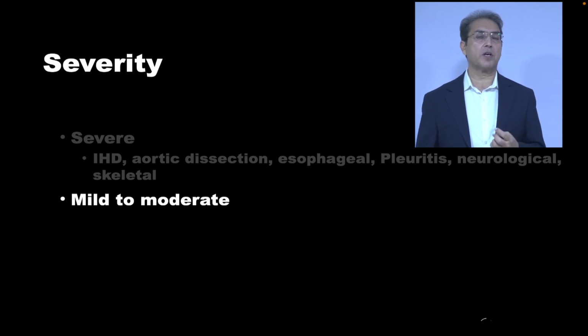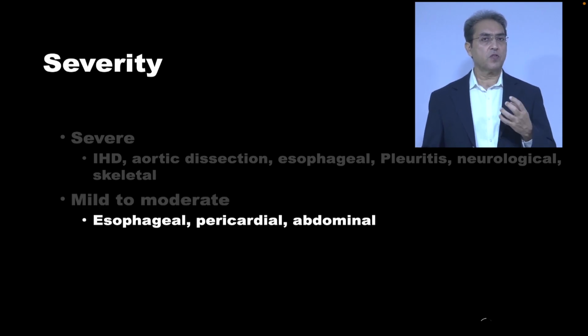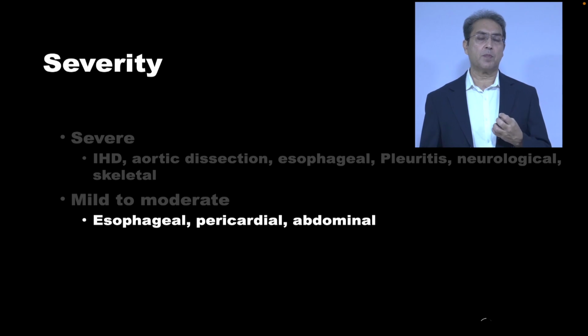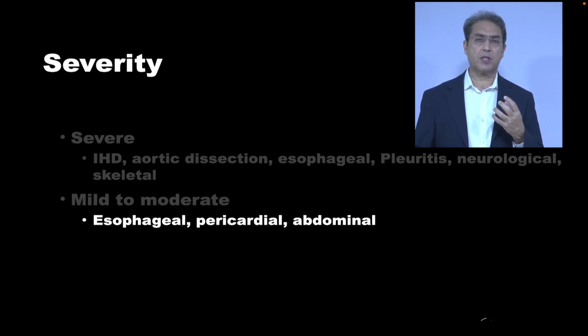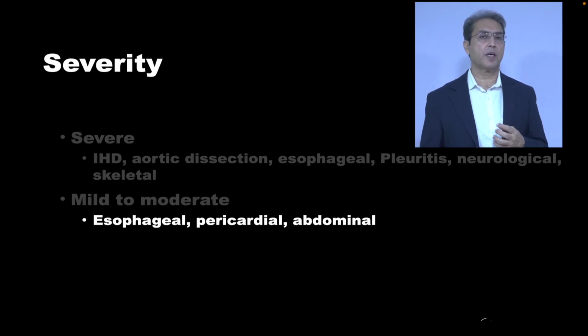They are mild to moderate in intensity. Esophageal pain, pericardial pain, abdominal pain, neurological pains, they may be mild to moderate in intensity, but the pain of myocardial infarction and aortic dissection and pulmonary embolism, they can generally be severe pains.